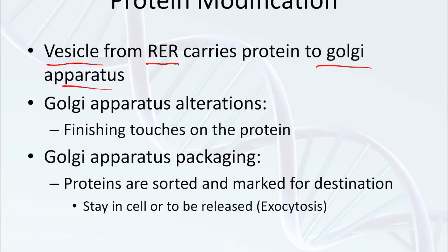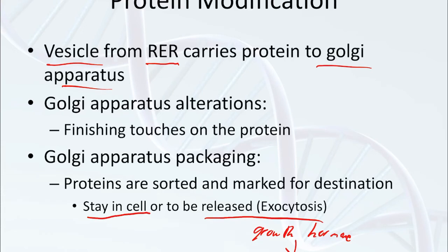So some proteins are going to stay right in the cell, or they're going to be released via exocytosis. So it could be that it's a hormone, like growth hormone. That's a protein hormone. When that's made by those cells of the anterior pituitary, it's going to be released out of the cell into the blood, and then it can go do its job, communication.